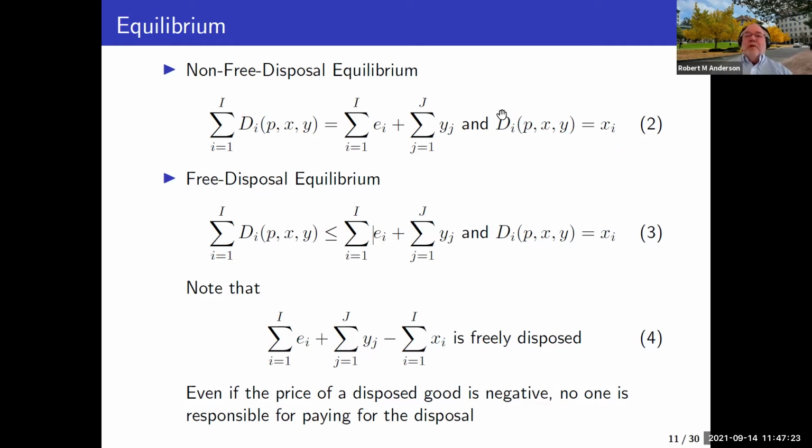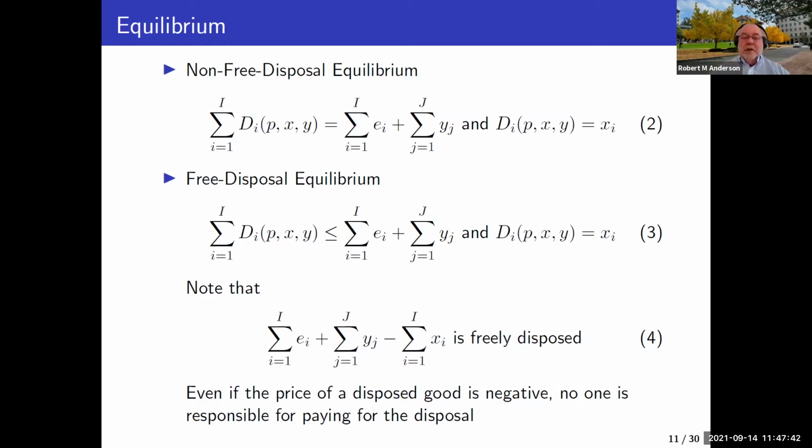Whereas in non-free disposal equilibrium, first of all, I can charge people if they emit something. And second, the equality here requires that everything that's released is actually used. So if CO2 is produced, that's fine.